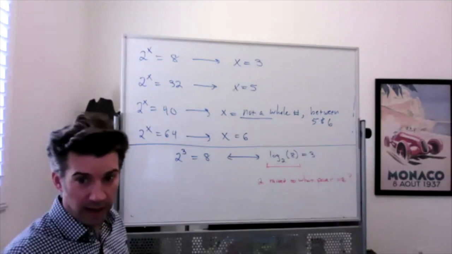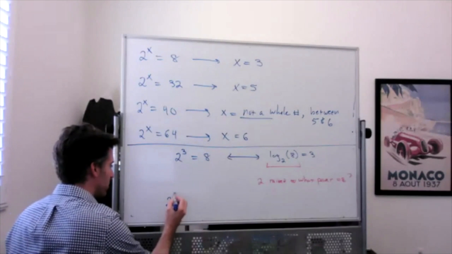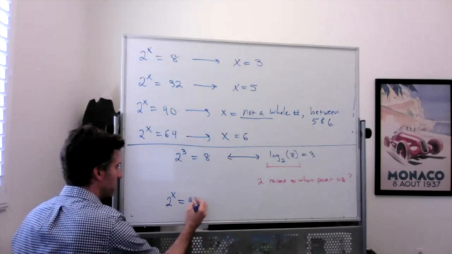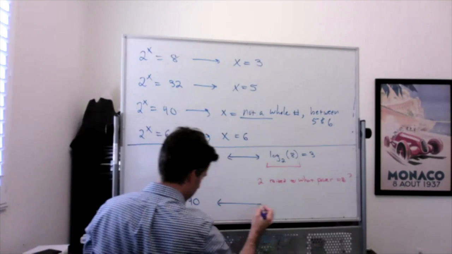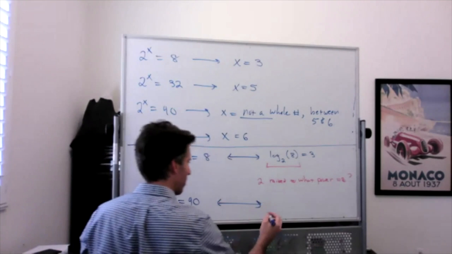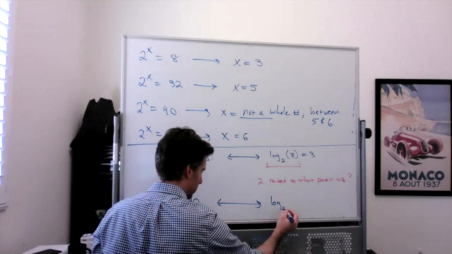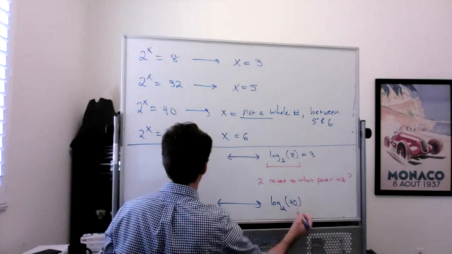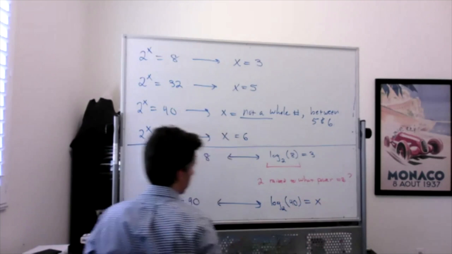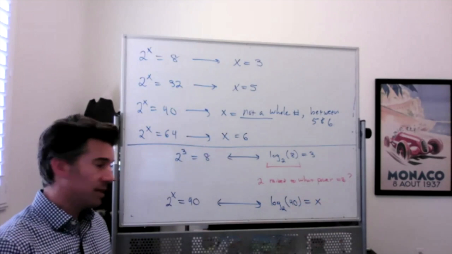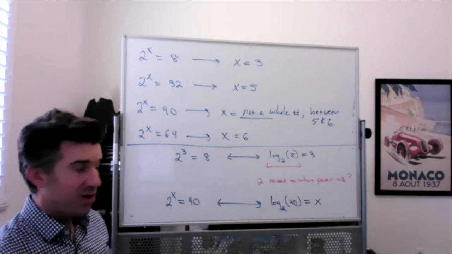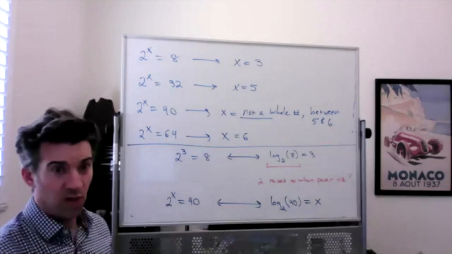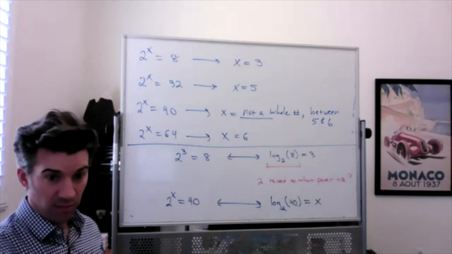In a similar way, 2 to the x equal to 40 has an equivalent logarithmic form. It's log base 2 of 40 equals x. Now in this case, there's no nice number here. Log base 2 of 40 is the number.